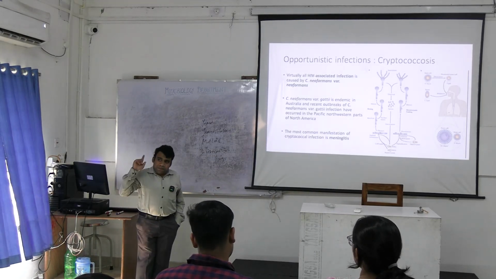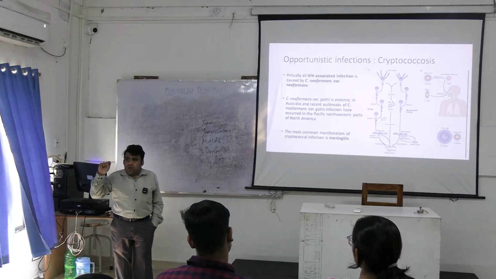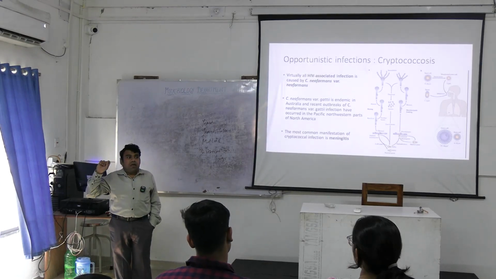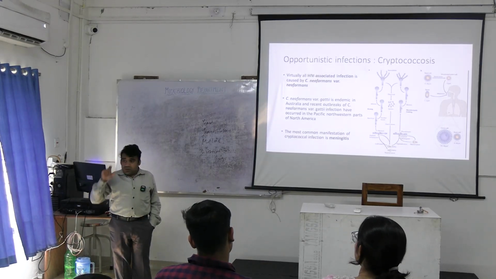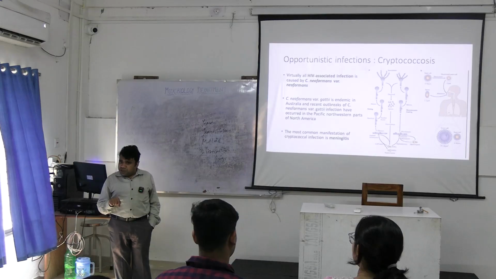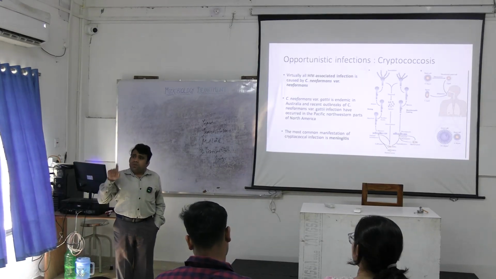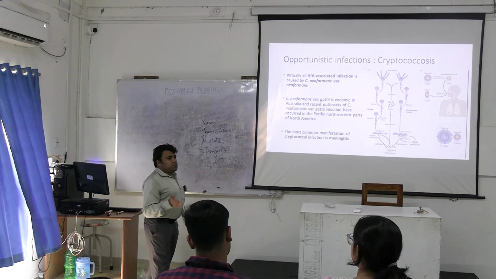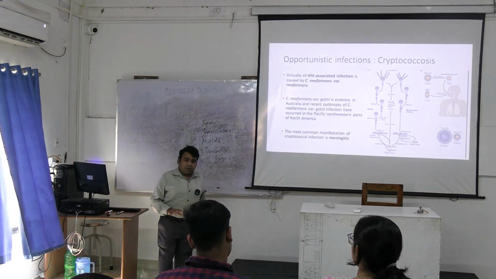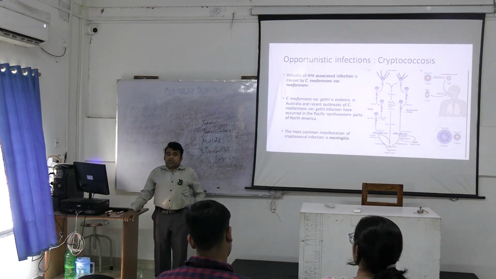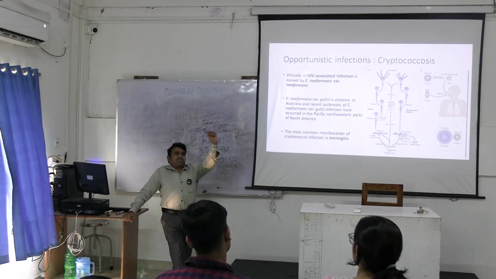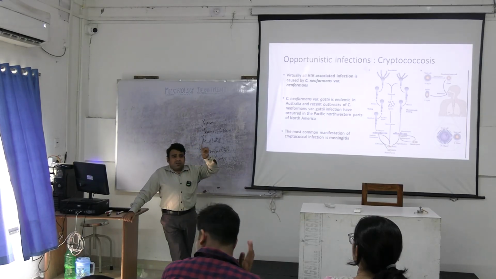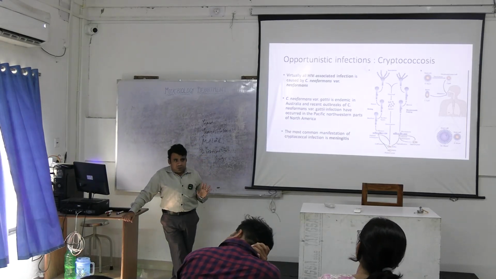However, please remember, the spore initially affected the lungs. So, in immune compromised patients, the lungs will also be affected. This is called as pulmonary cryptococcosis. Have you understood? So, in immune compromised patient, the spore will reach the lungs and cause a disease over there called pulmonary cryptococcosis.